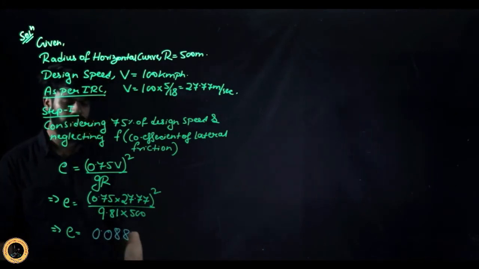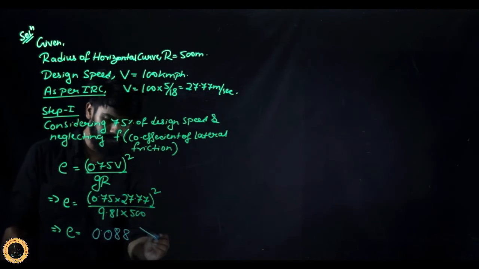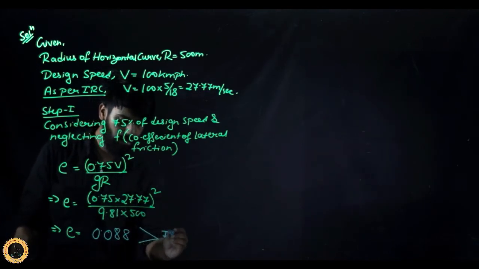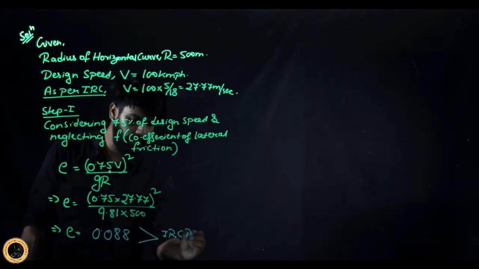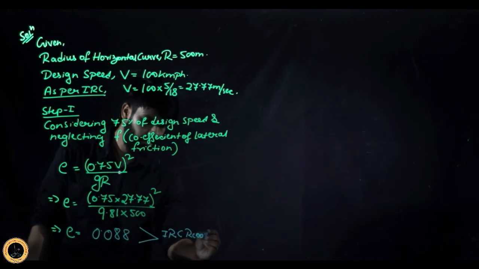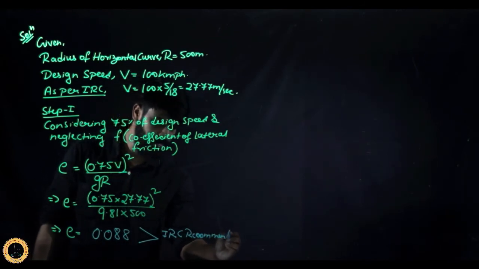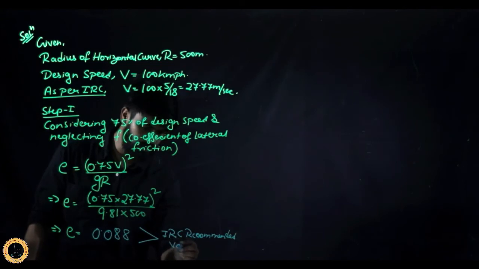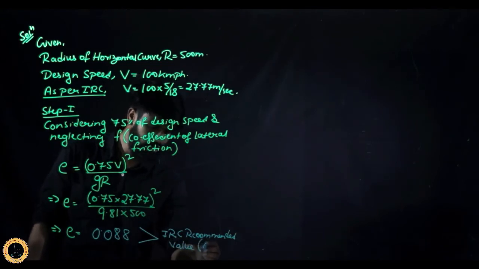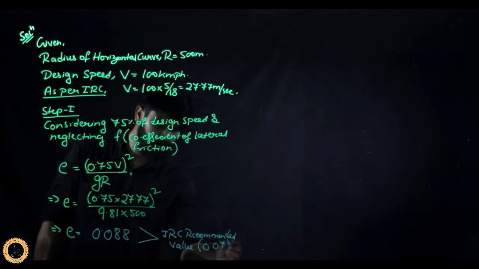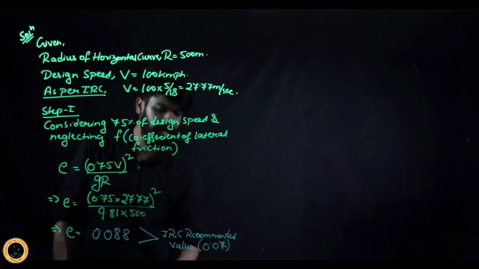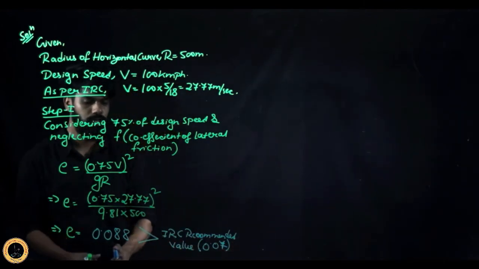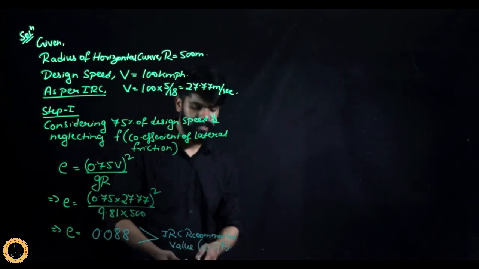Now here you see this value is greater than the IRC recommended value. And which value am I considering here? I am considering 0.07. Now you might be thinking why I have considered 0.07: because no information is given regarding the terrain.